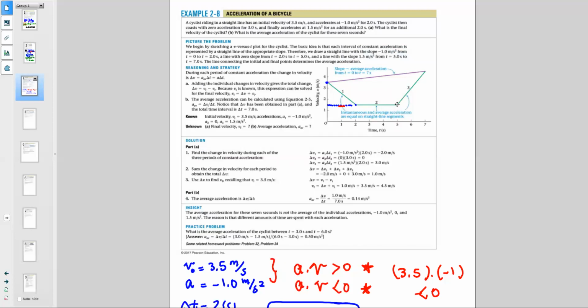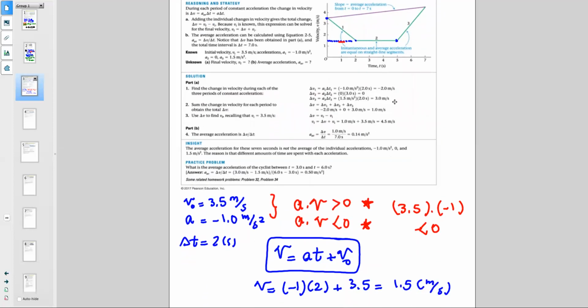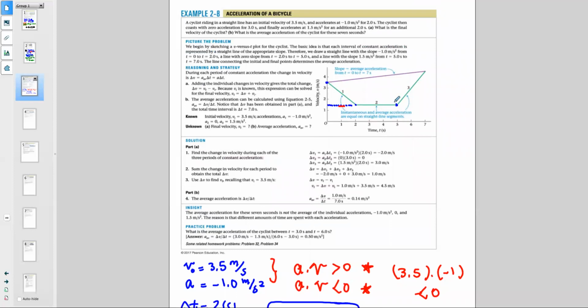It will still be the same as I found for the final velocity. So v is constant through the motion from 2 seconds all the way to 5 seconds.